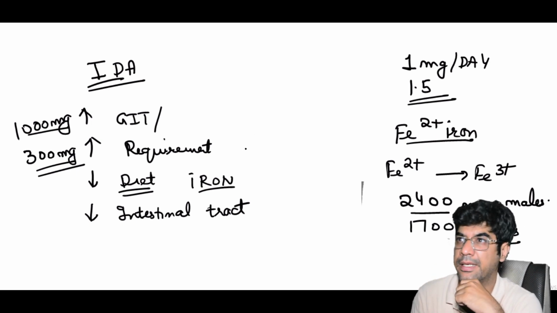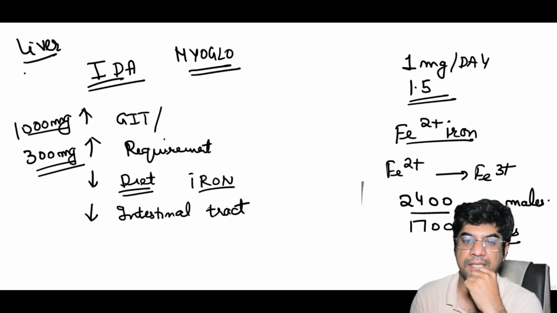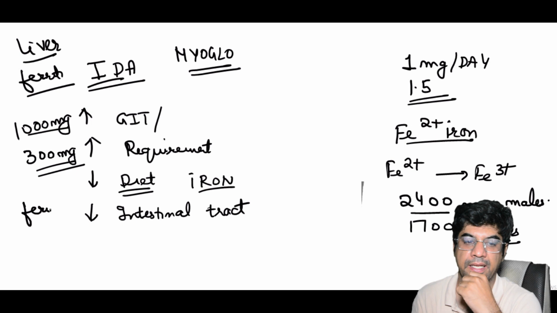The iron, remember, is used in the tissue for myoglobin and various enzymes, and it is stored in the liver as ferritin, or a complex known as the ferritin apoferritin complex.